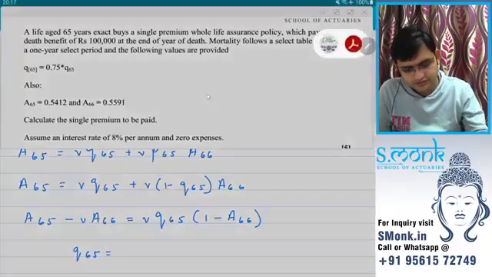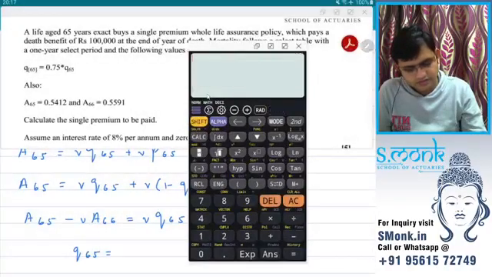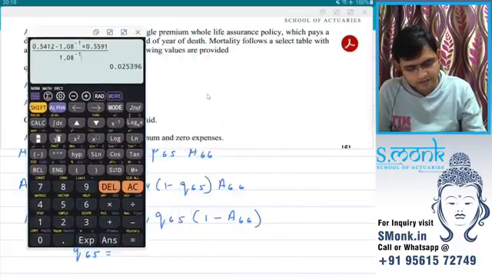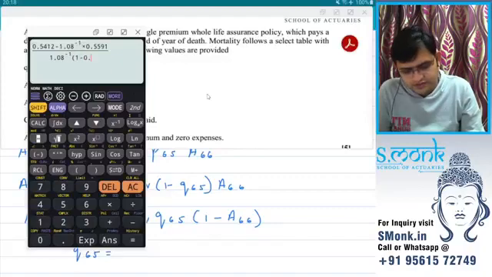So q65 equals A65 minus 1.08 raised to minus 1 into 0.5591, divided by v, 1.08 raised to minus 1, into 1 minus 0.5591.